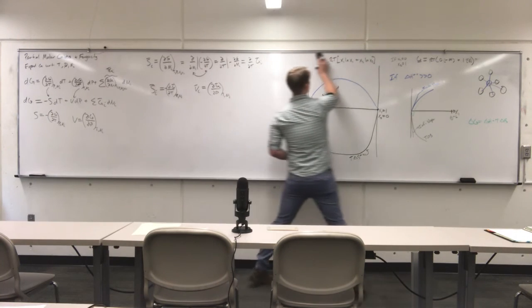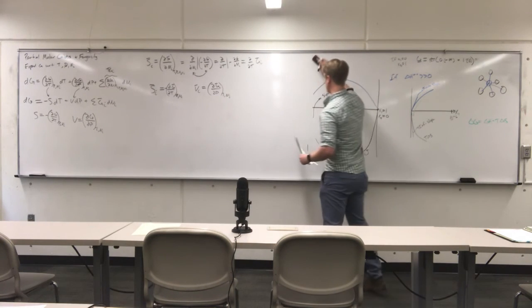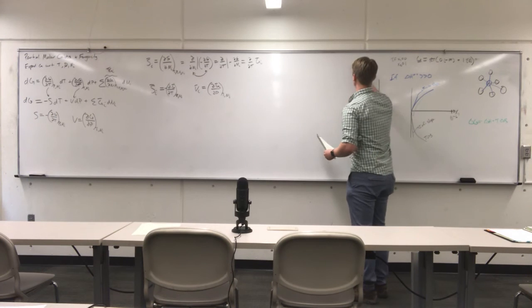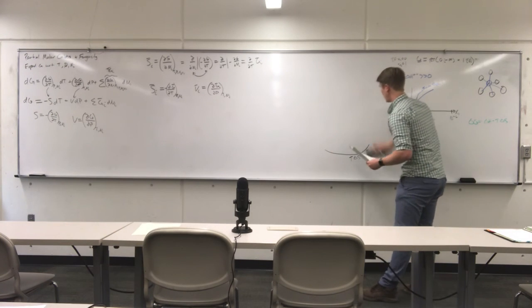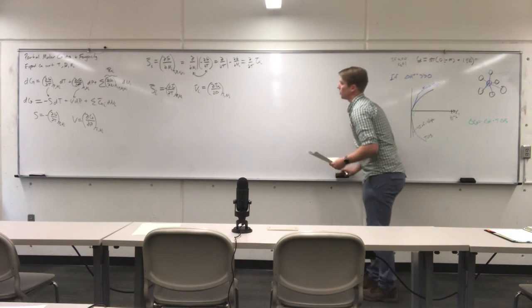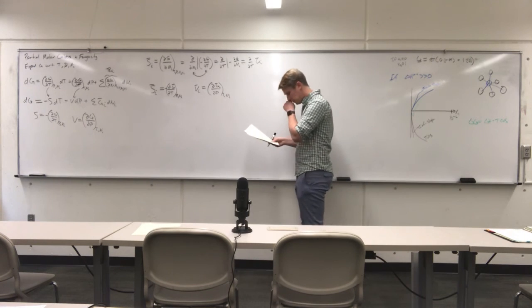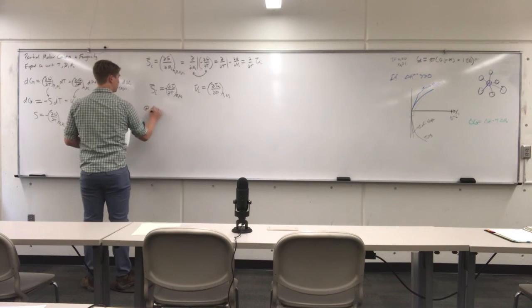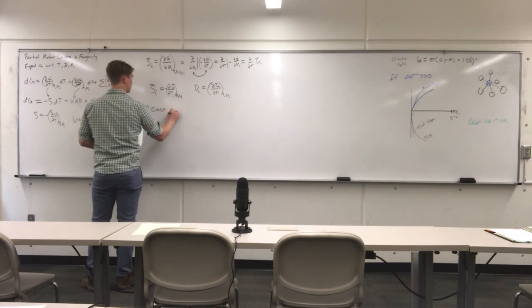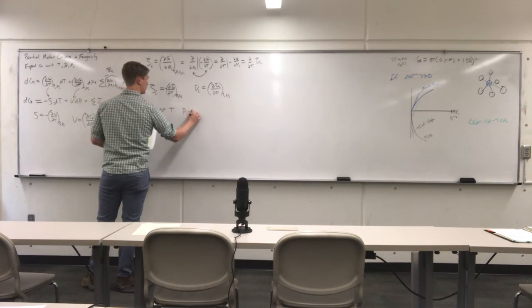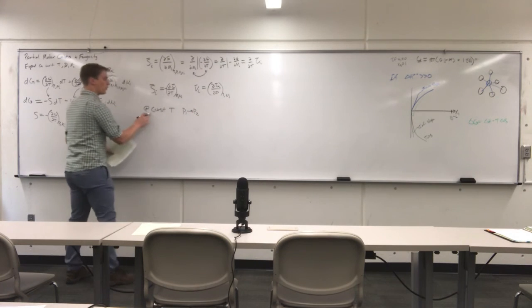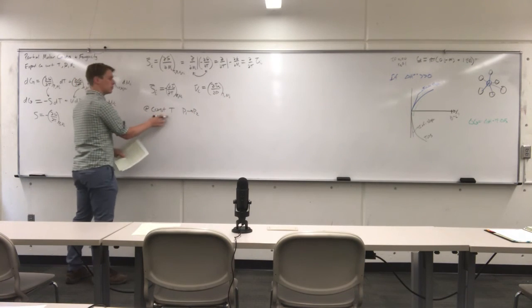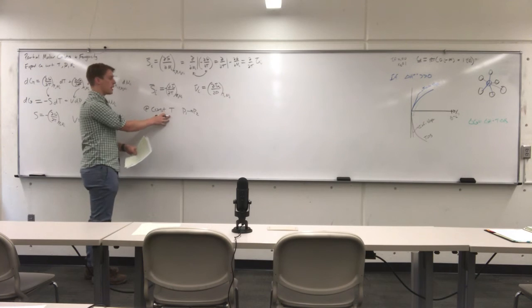And we're basically only a few steps away from defining the partial molar fugacity, or the partial fugacity. It's not really a molar property. So we follow along a path of constant temperature, same approach we took for defining fugacity.